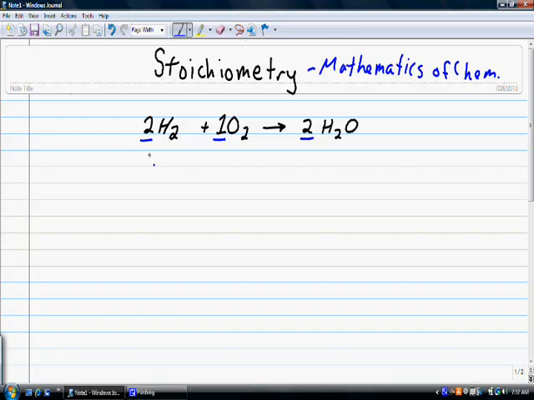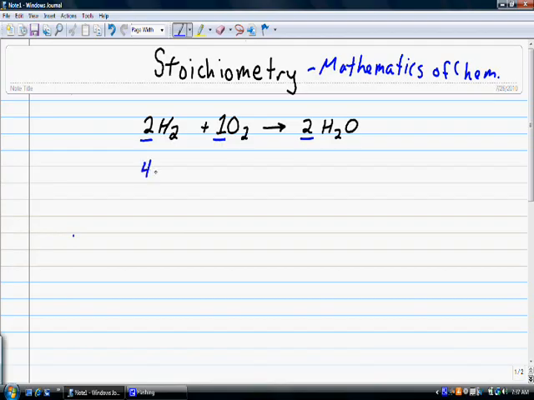For example, we have two molecules of hydrogen reacting with one molecule of oxygen to produce two molecules of water. Well, how do we jump from molecules of a substance to moles of a substance? No matter how much of each of these reactants we have, it's always going to react in a 2-to-1 ratio, hydrogen to oxygen, and produce 2 parts water. So just a very simple example here.